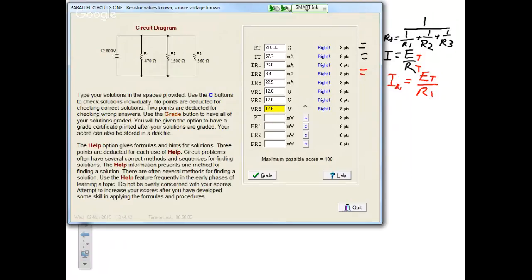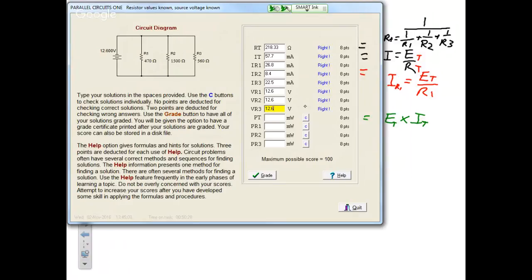So here we want to calculate this one, which would equal voltage E times I, which is 12.6 times our IT, because it's wanting a total here.